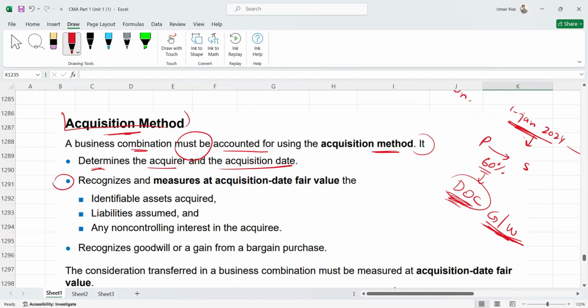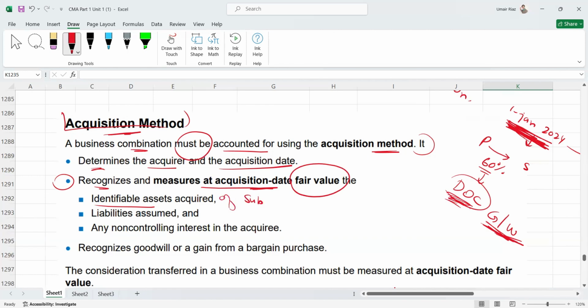Number two, we have to recognize and identify, at the acquisition date, the fair values. Fair values of what? Identifiable assets of the subsidiary, because we are obviously acquiring the business.